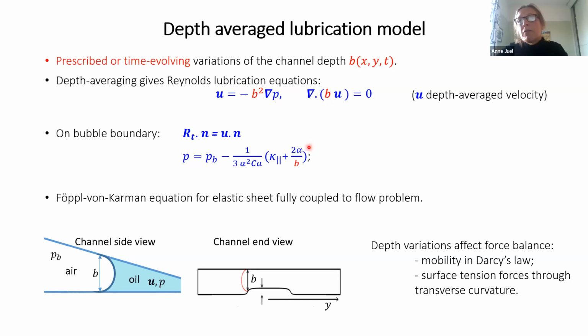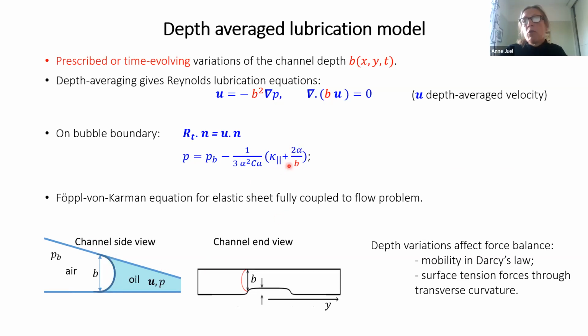And the difference here to the usual Young-Laplace equation is that we have a term for the in-plane curvature. So the pressure difference across the interface is proportional to the curvature. That's a sum of the in-plane curvature, the pattern we look at from the top, plus a term that incorporates the transverse curvature across the depth.